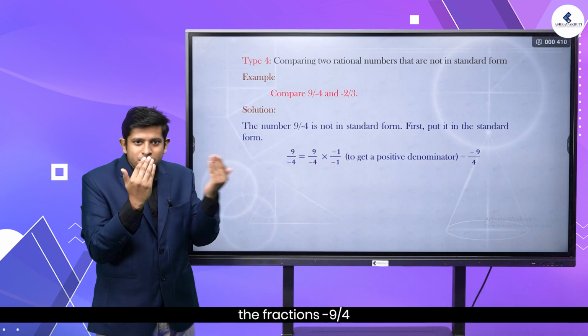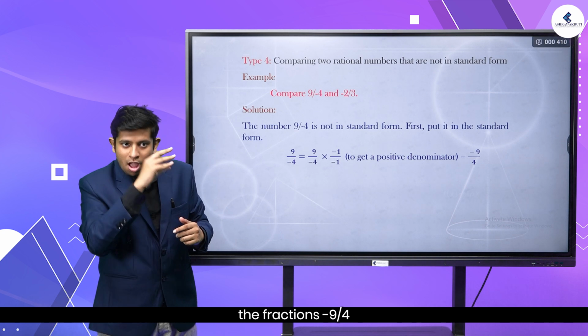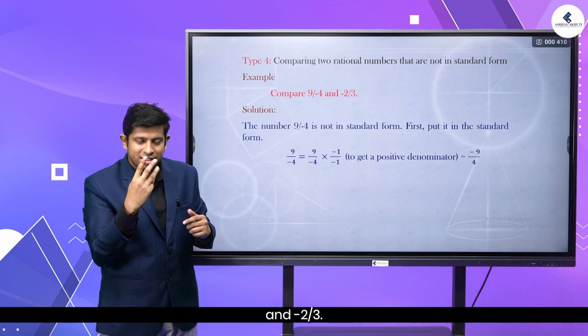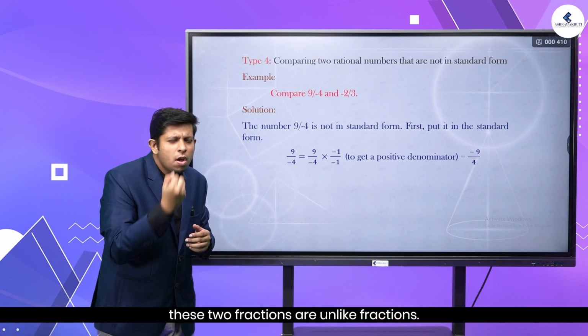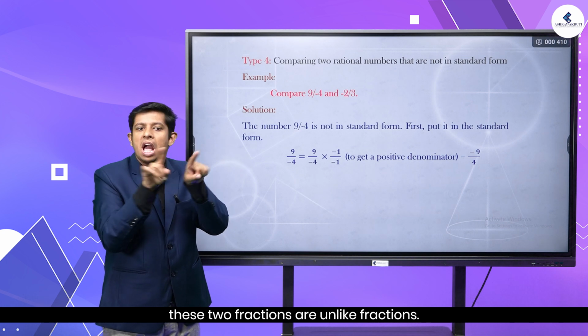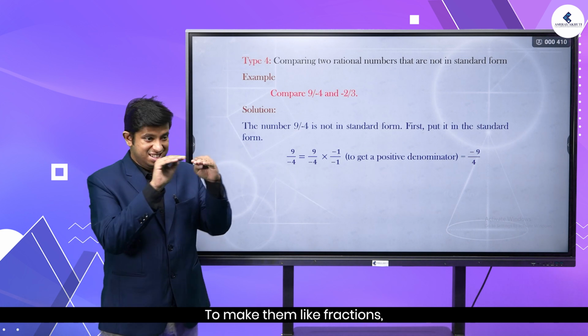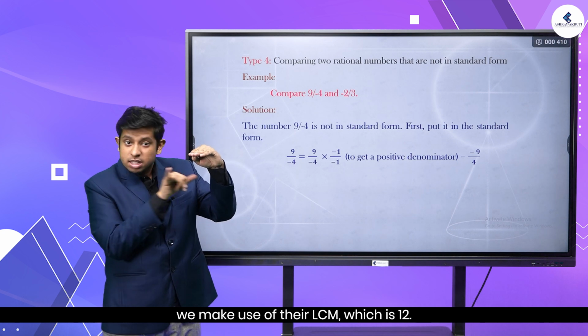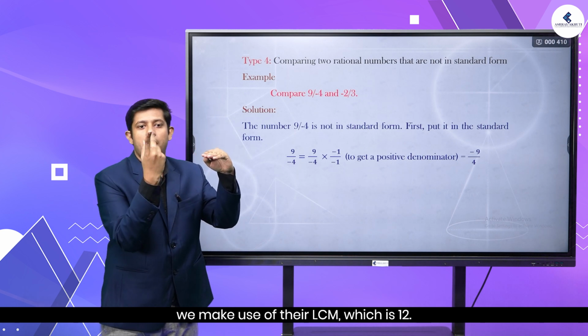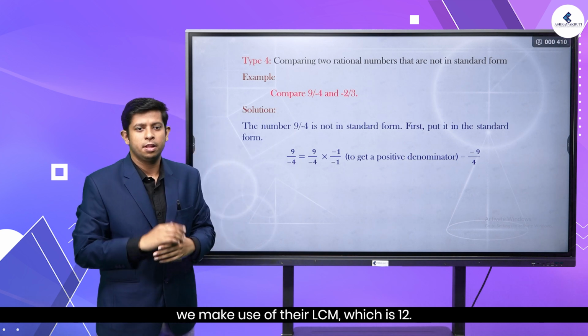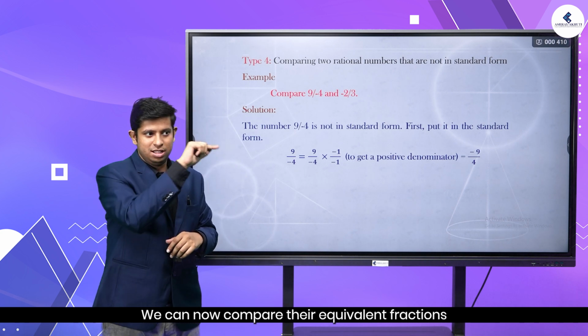Now we shall compare the fractions minus 9 by 4 and minus 2 by 3. We find that these two fractions are unlike fractions. To make them like fractions, we make use of their LCM, which is 12. We can now compare the equivalent fractions.